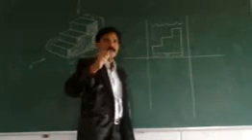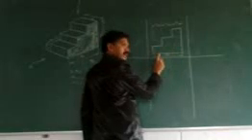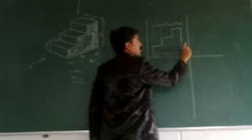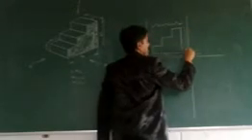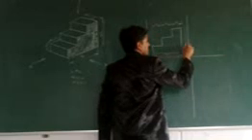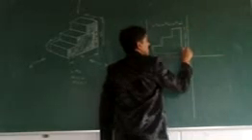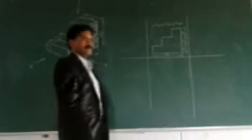For the dimension line, use the H pencil. See this one: these are the object lines, use the H pencil. These are the dimension lines, use the H pencil. And these are the projection lines, use the 2H. So this is 50, 50.